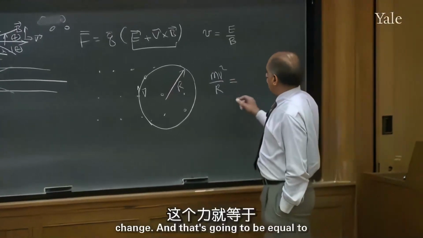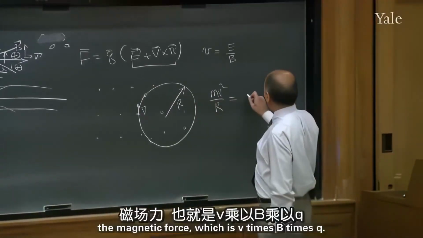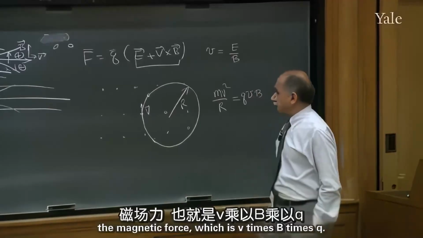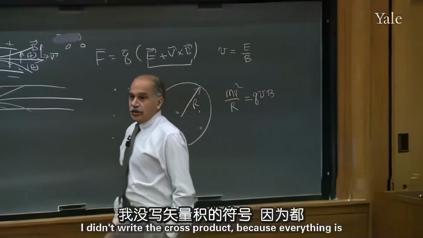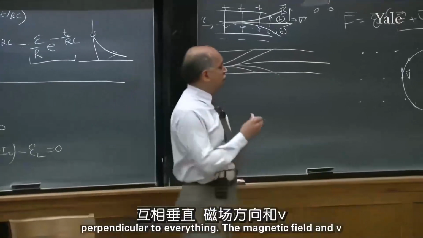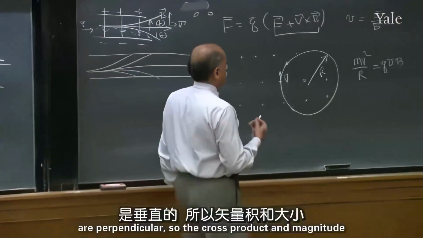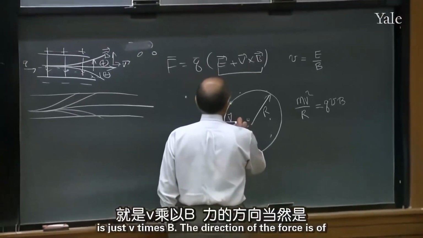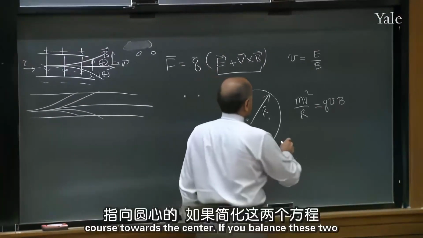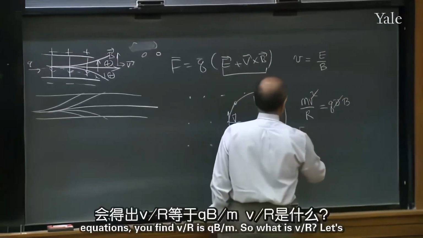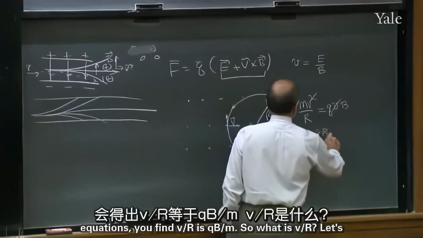And that's going to be equal to the magnetic force, which is vBq. I didn't write the cross product because everything is perpendicular to everything. Magnetic field and v are perpendicular, so the cross product in magnitude is just vB. The direction of the force is, of course, towards the center. If you balance these two equations, you find v over r is qB over m.